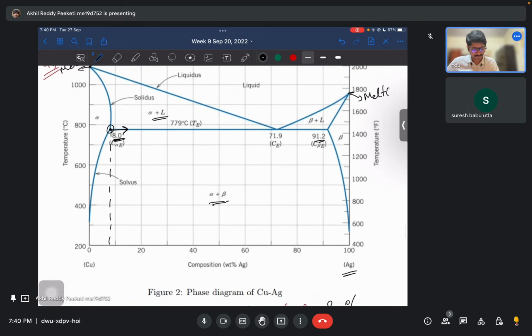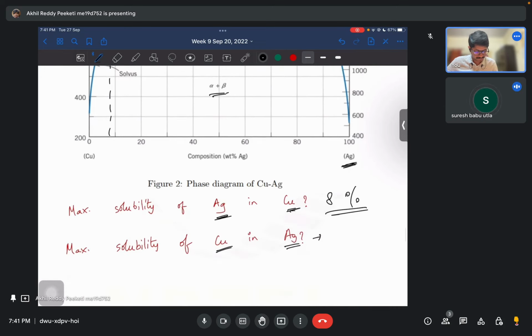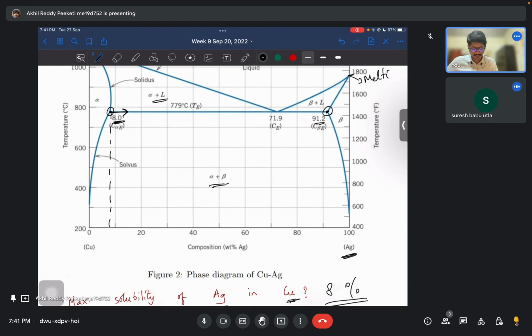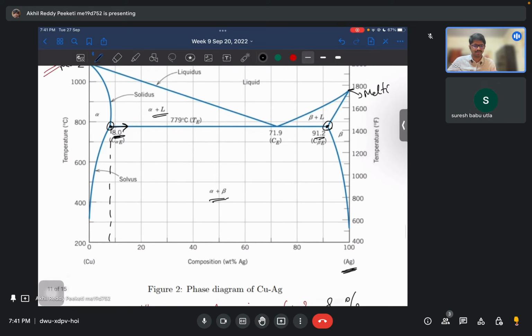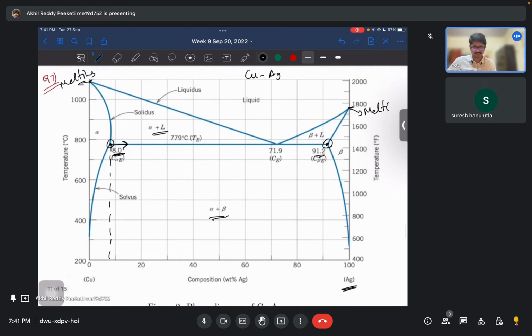This point. But this is in composition of Ag, so you have to do 100 minus 91.2%, so it's 8.8. So you can add a maximum of 8.8 percent of copper to silver to form a solid solution, and 8% of silver to copper to form a solid solution. If you add anything more, you will form phase mixtures.